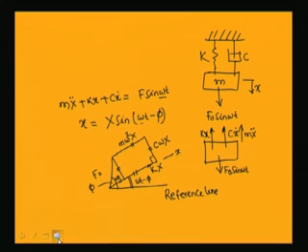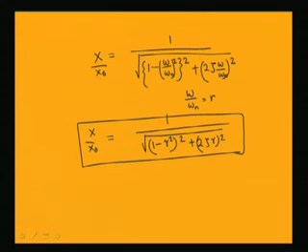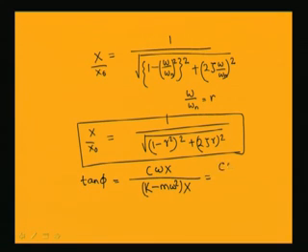So, I can write tan phi equal to c omega x by (k minus m omega square) x. Cancelling this x, it is equal to c omega by k minus m omega square.